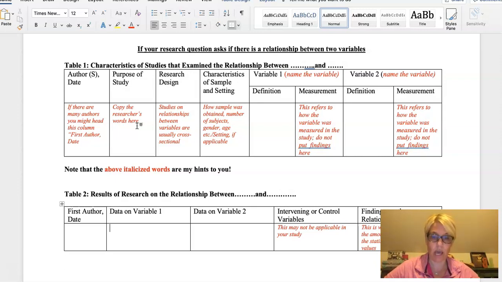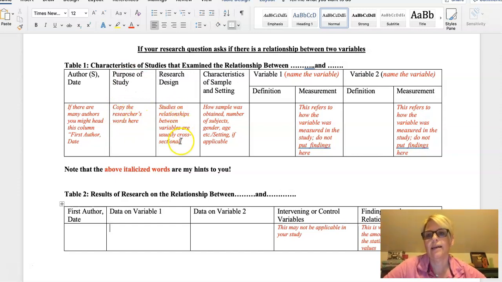It should just be N equals 455. So here, the purpose of the study will be a complete sentence in the study, so I typically just start with the word to. You already have where it says the purpose of the study, and then I just start here: to examine differences between A and B, or whatever it is.